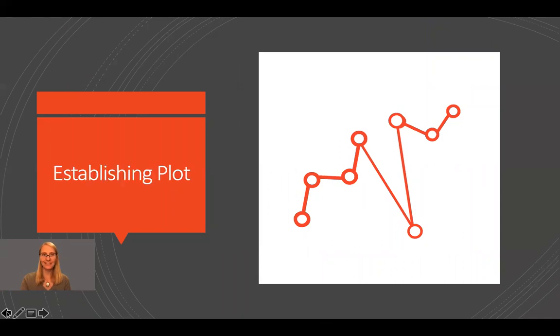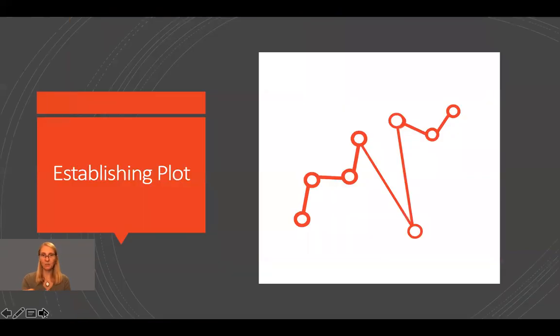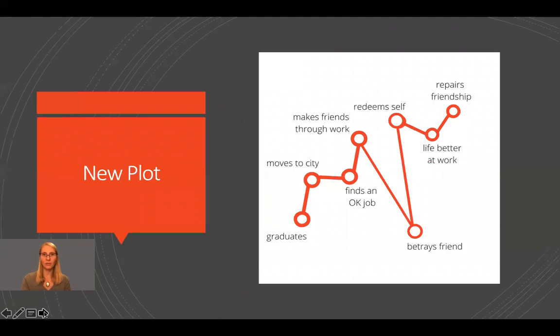I'm going to show you again. I'm going from the Grimm brothers' ups and downs and decisions to a blank graph to putting in my own labels for the story that I want to tell.